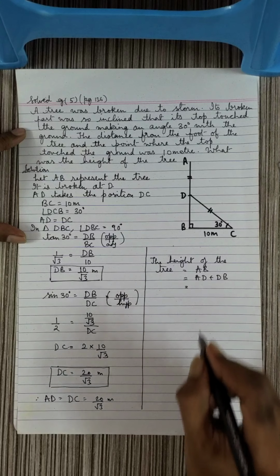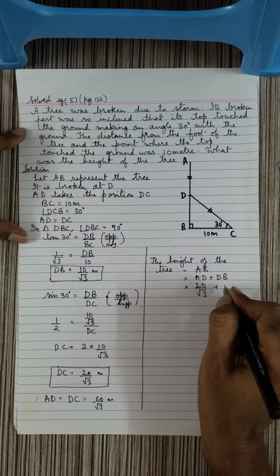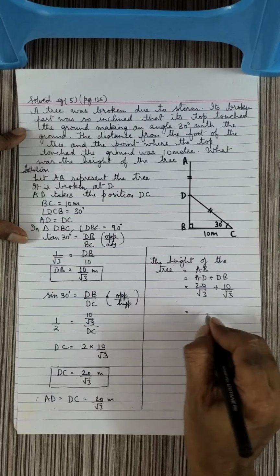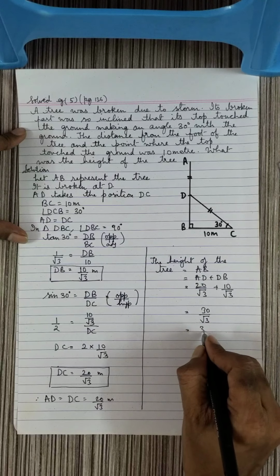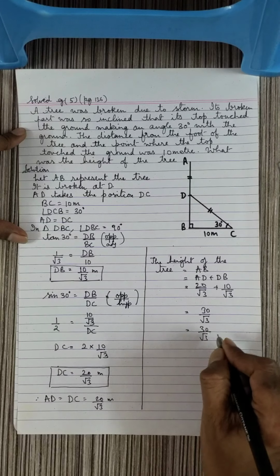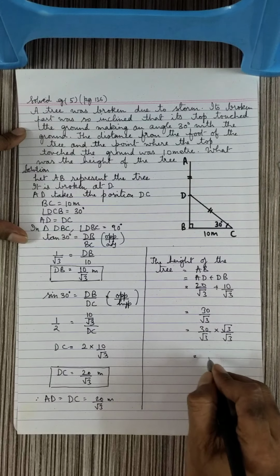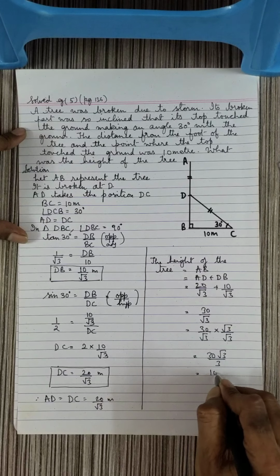So directly I can say AD is 20 upon root 3 and DB is 10 upon root 3. So we get 30 upon root 3. So we have to rationalize: 30 upon root 3 into root 3 upon root 3, 30 root 3 upon 3, 10 root 3.